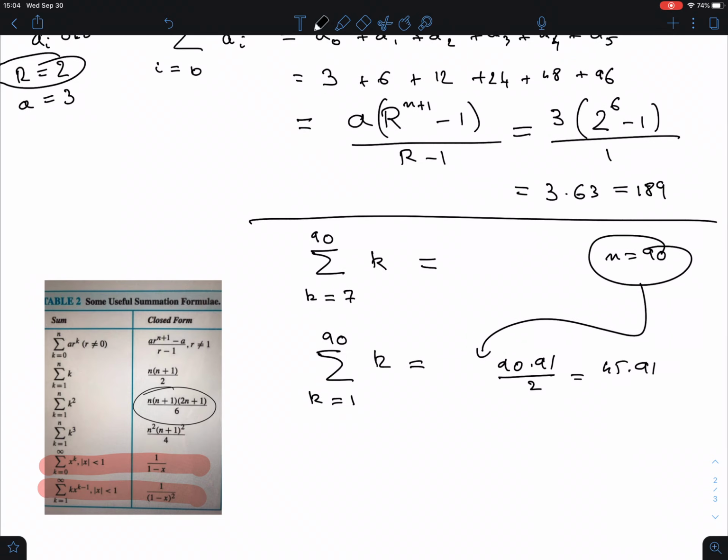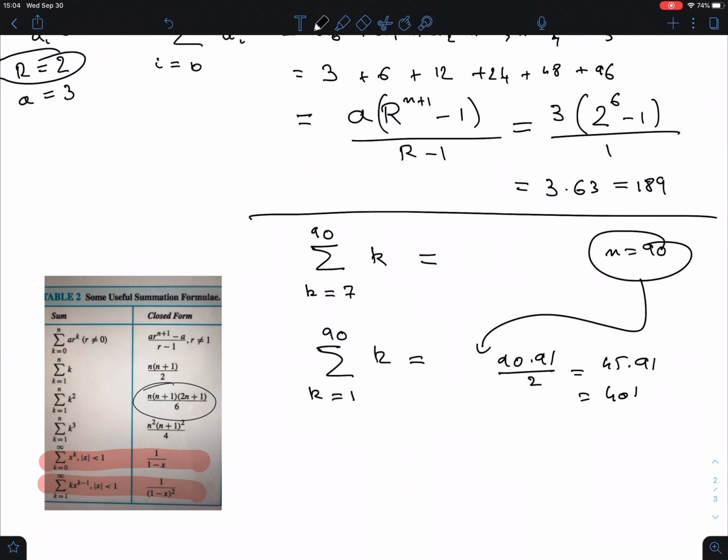I'm not going to risk doing this in my head because for some reason I am not sharp today. Sorry, that's wrong. 91 times 45, that is 4095. But that's not what we want.